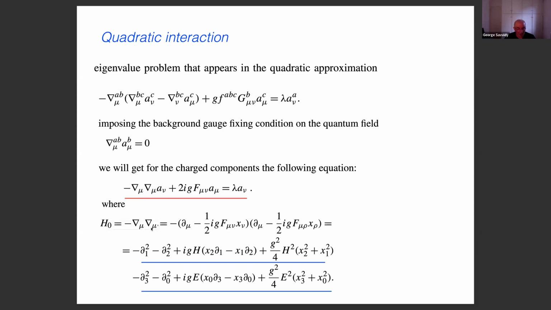Nabla mu, nabla mu. Now if we open it, as you see, it is a B field here in square. We open it and we get two terms. One term contains the H field, and the second term contains the electric field. Because we are in Euclidean space, they are both oscillators. It's an oscillator in a background magnetic field. I mean, it's just like in quantum mechanics.